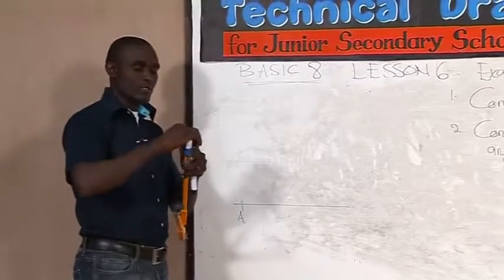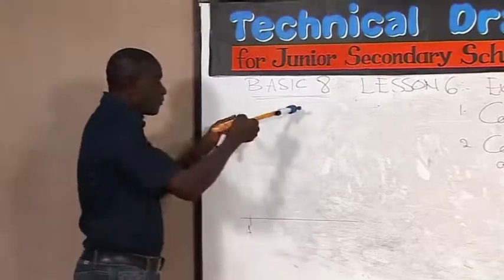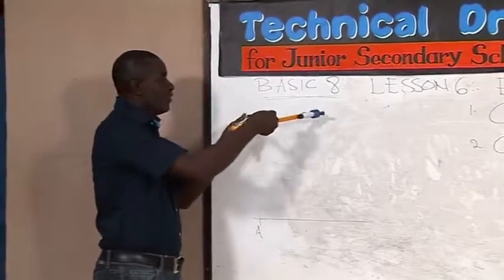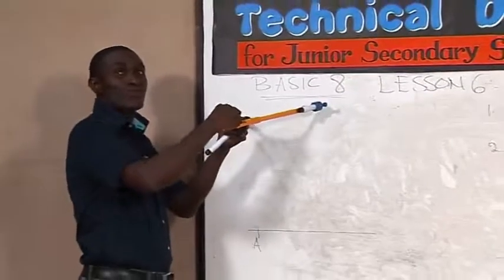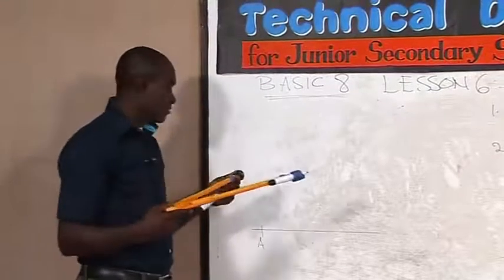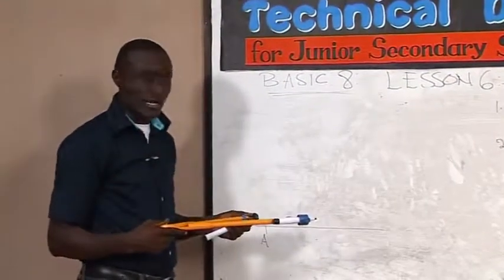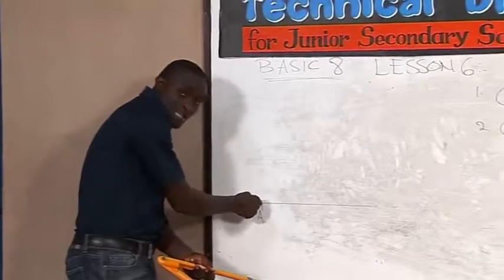Get your compass. This is my compass. Go back to your ruler. From the 0 point, measure 80. Like I always tell you, I am zoom. This is my 80. Remove it. Take A as center. That is, put your needle at A. Not here, A. That intersection.